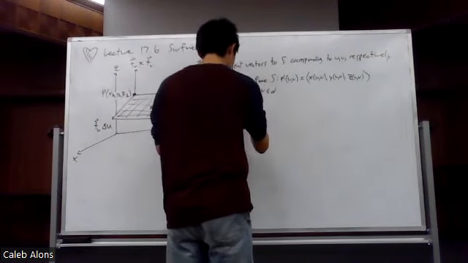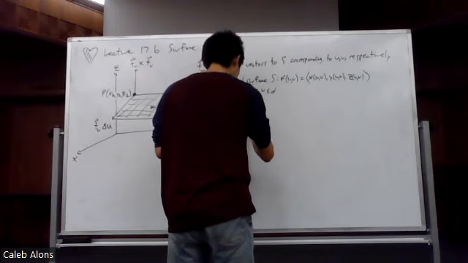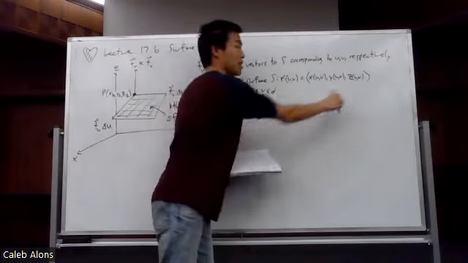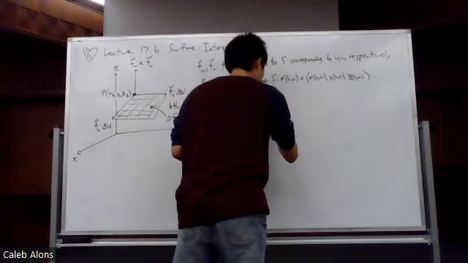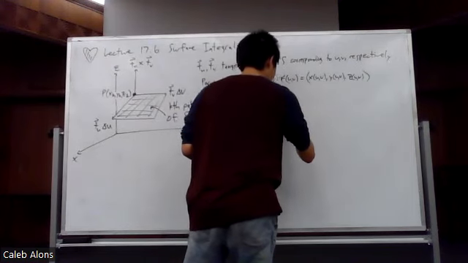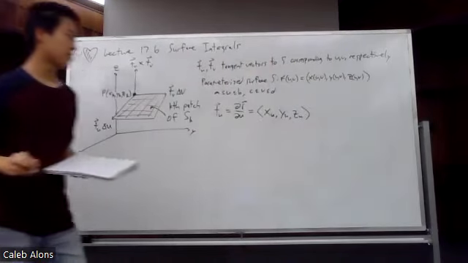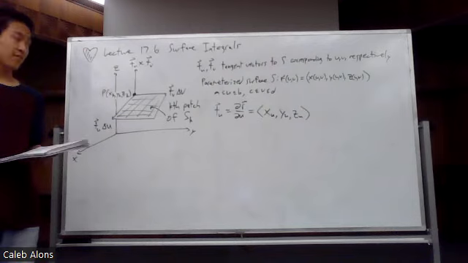So I need to take a partial derivative instead of a regular derivative of r(u, v). If I go through this entire vector and differentiate only with respect to u, I'm going to get the partial derivative of whatever x is with u, whatever y is with u, and whatever z is with u. So thumbs up if that's good.